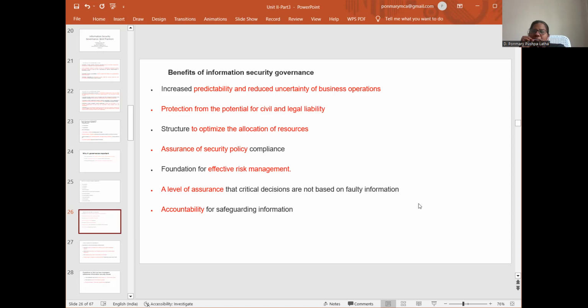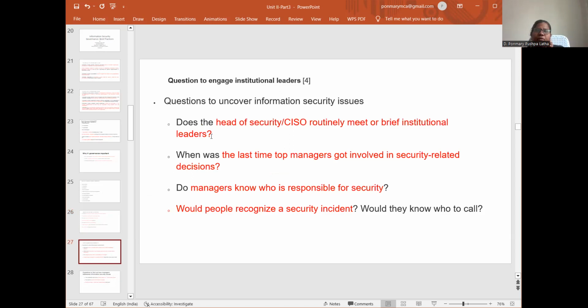When everything is managed by the system, you can efficiently know what resources are free, you can assure the security policies, you can manage the risk effectively, and you are accountable for safeguarding the information.